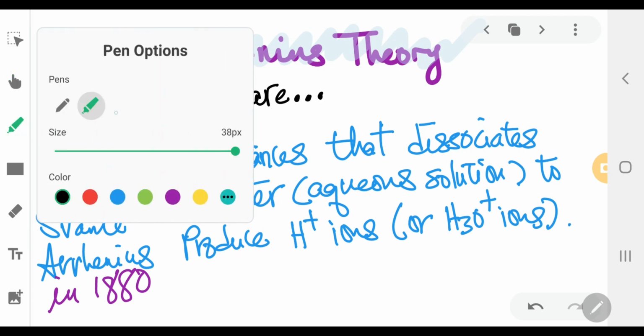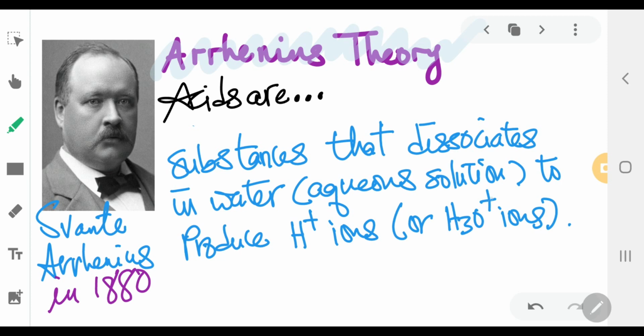The H3O plus ion here is called the hydroxonium ion.